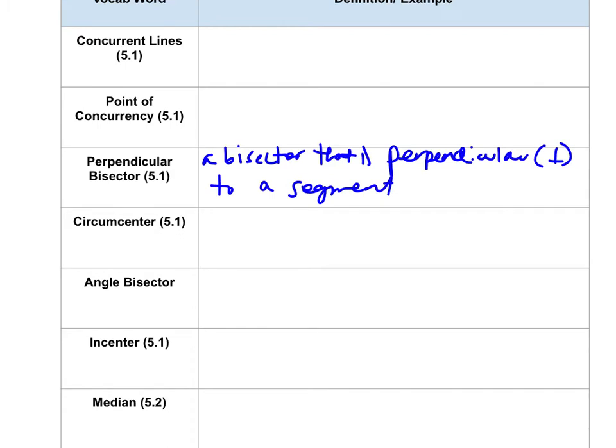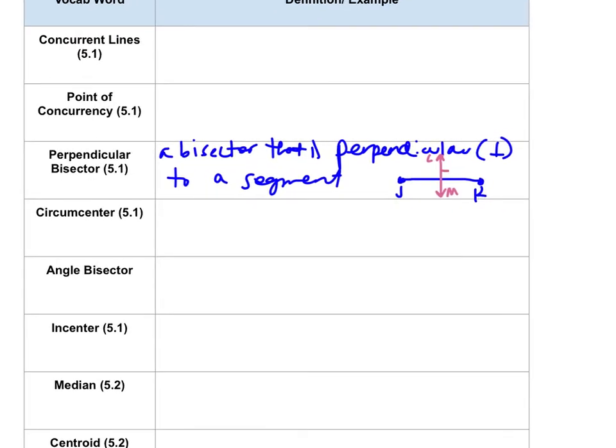If we were to draw an example, say we have JK, and we'll say that our bisector is right here, LM. Then we know that LM is a perpendicular bisector of JK.